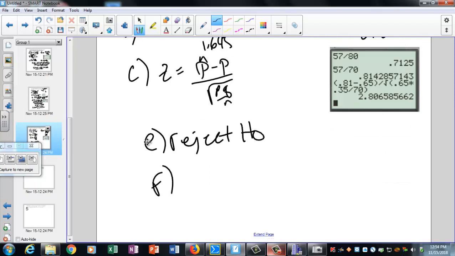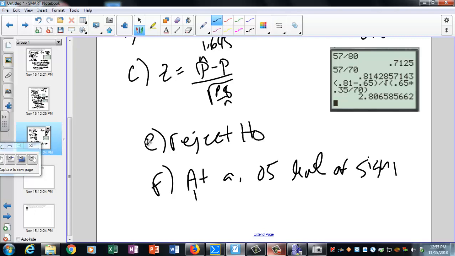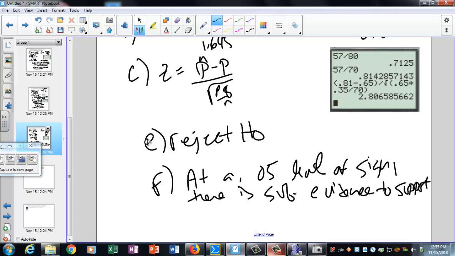If you reject H0, what are you doing to the claim? At a 0.05 level of significance, there is sufficient evidence to support the claim that p is greater than 0.65.